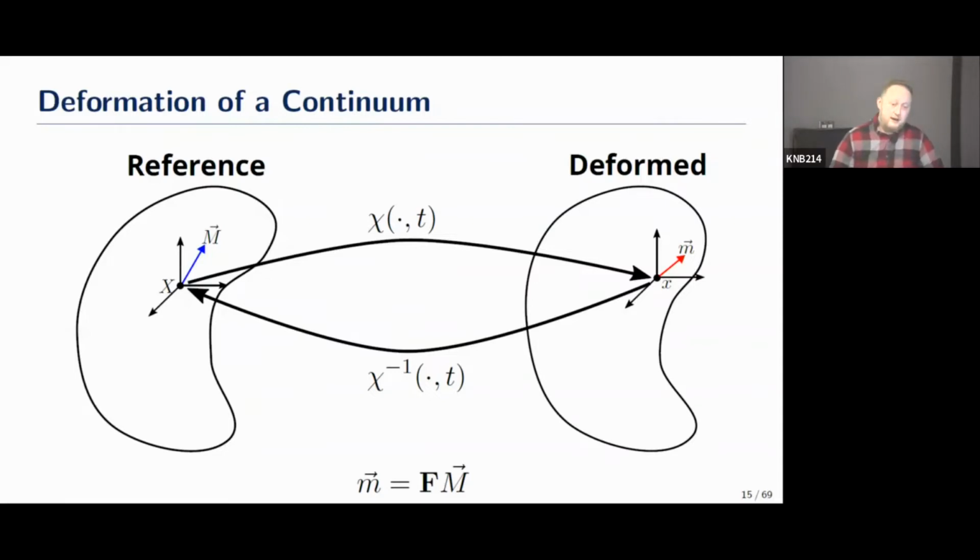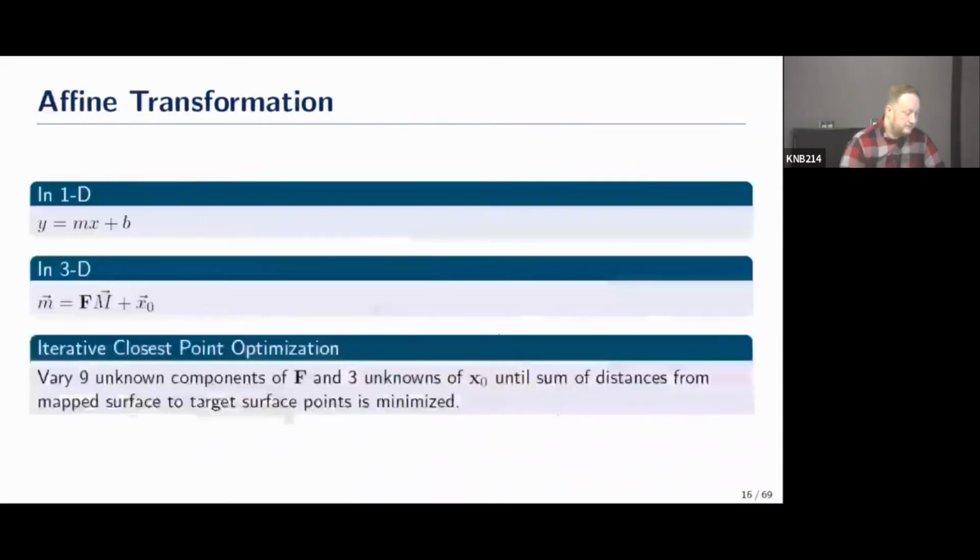And we assume that mapping is a linear equation, which is essentially three equations. Little m equals this boldface F times big M. So for every vector, we can imagine this linear function, set of three functions that describe its deformation.